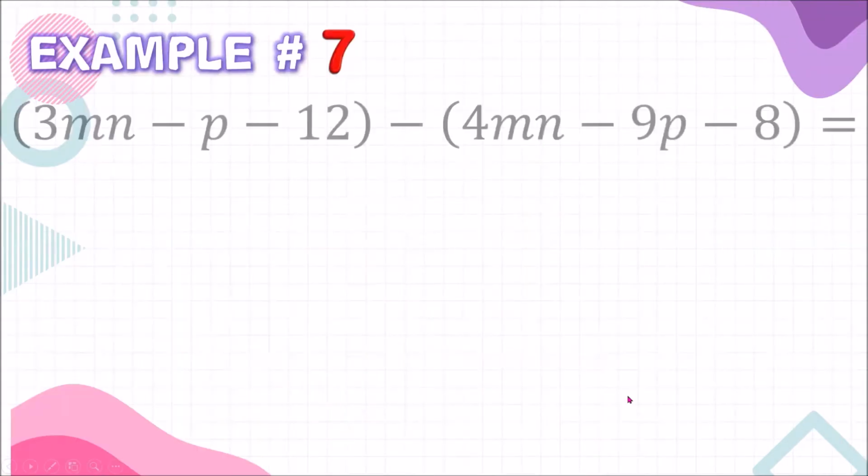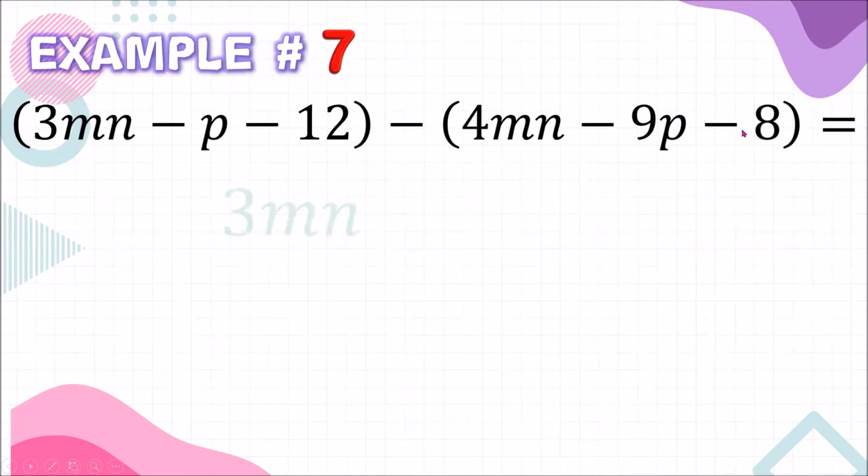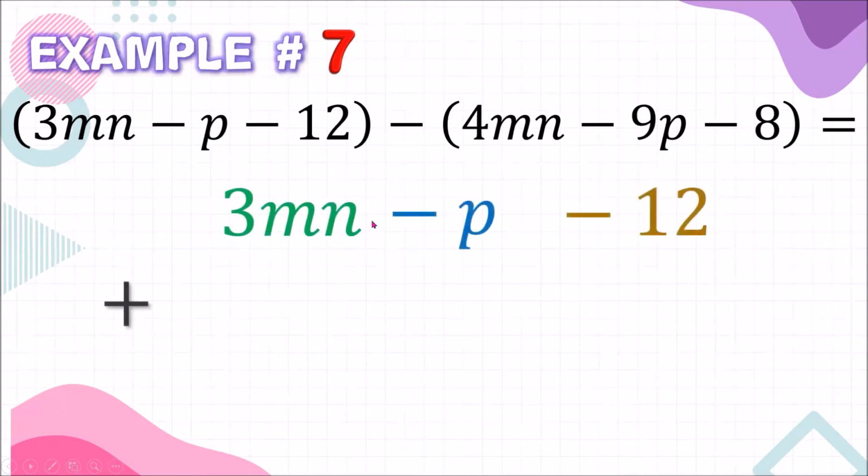Next, example number 7. The quantity 3mn minus b minus 12 minus the quantity 4mn minus 9b minus 8. So combining similar terms first.